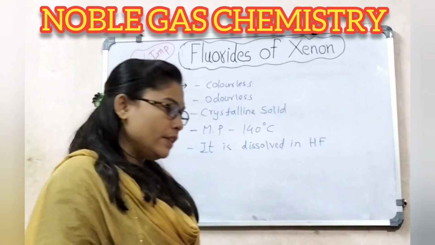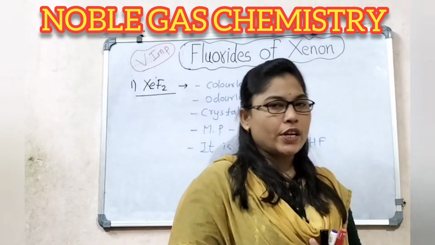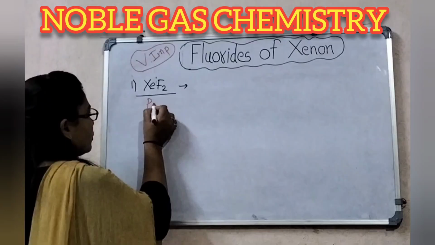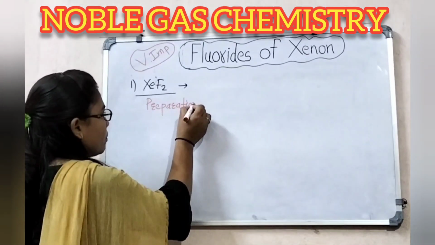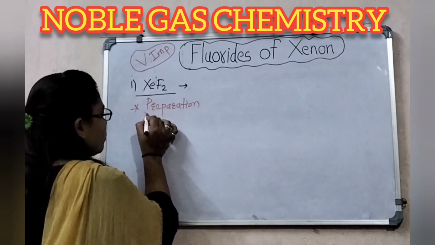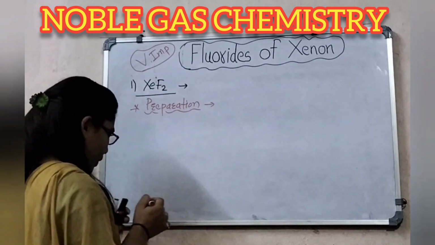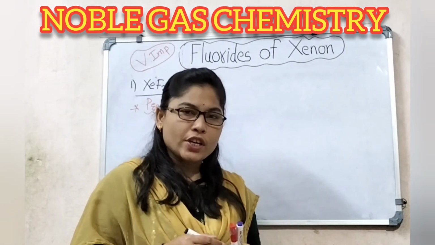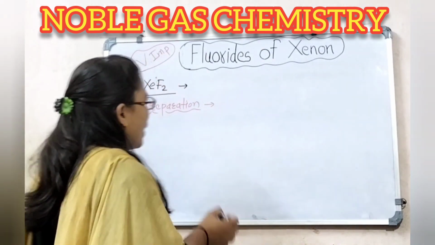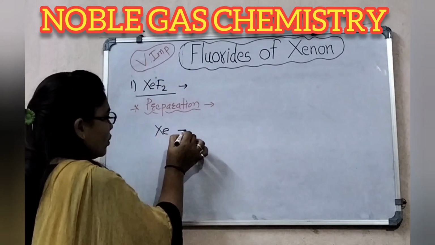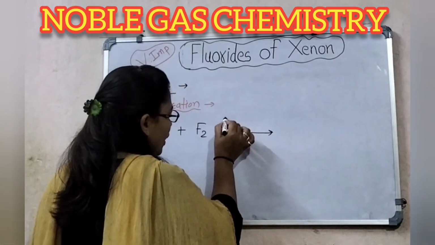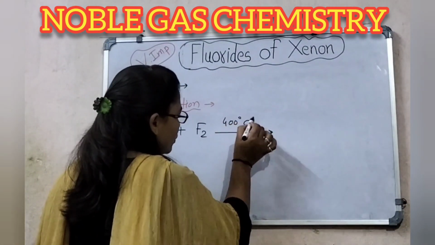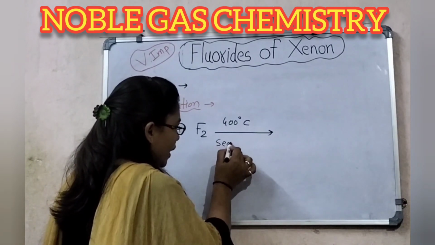Then we see the preparation of Xenon difluoride. Xenon difluoride is prepared by heating a mixture of xenon and fluorine at 400 degrees Celsius in a sealed nickel tube.